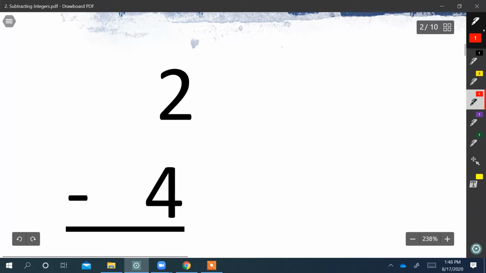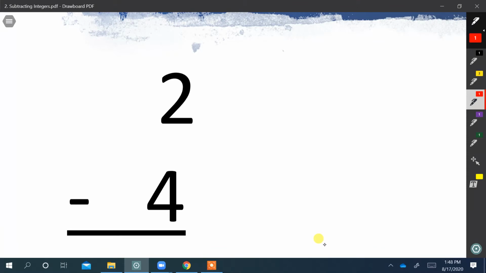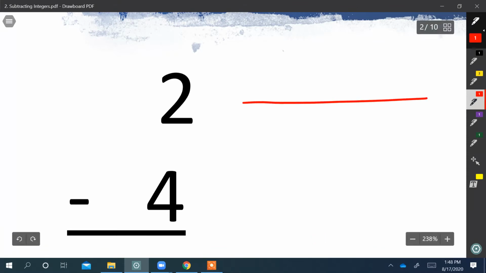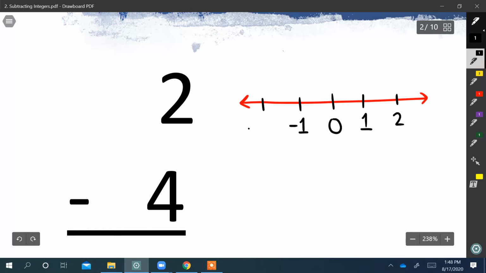One way to look at that is by using a number line. So let's see if we can do this problem using a number line. I start at 0, 1, 2, and then I have my negatives, negative 1 and negative 2. So in this problem, I'm going to begin with 2.